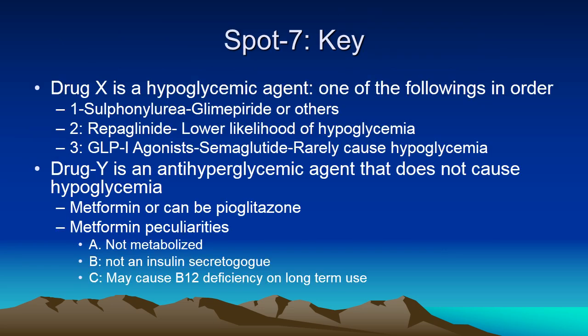Therefore, drug X could be any one of the sulfonylureas: glimepiride, glipizide, gliclazide, glyburide. It can be repaglinide, but it has a lower likelihood of hypoglycemia. And it can be a GLP-1 agonist, semaglutide for example, but it rarely causes hypoglycemia. So the answer is most probably a sulfonylurea.